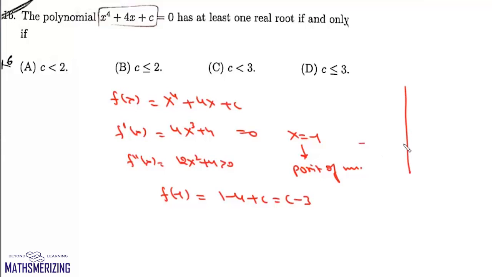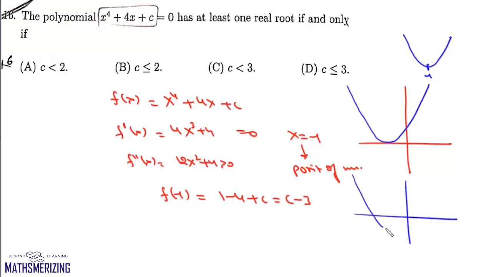Now this function will have at least one real root when either it touches the x-axis or it intersects the x-axis, and it is possible when this minimum value f of minus 1 is less than or equal to 0. So from here we get the condition that c minus 3 is less than or equal to 0, that is the value of c is less than or equal to 3, and that's your option D.